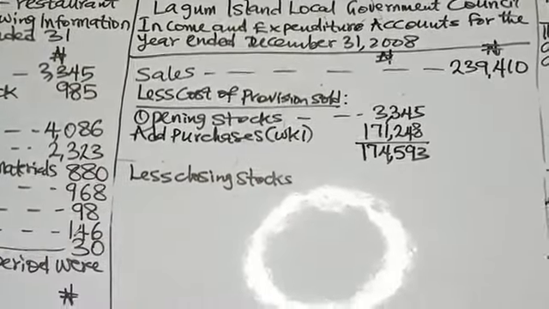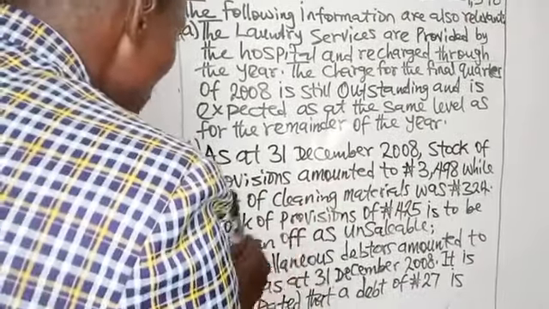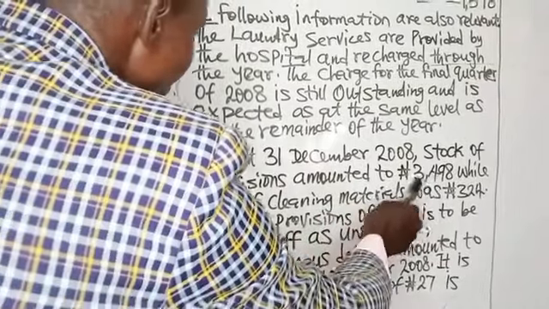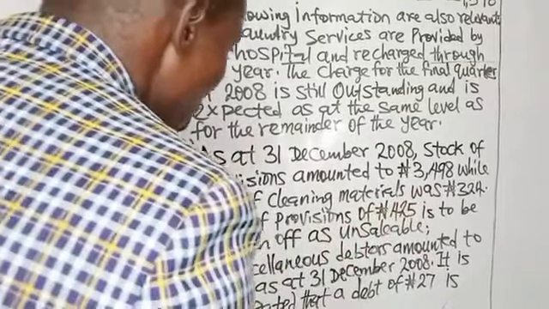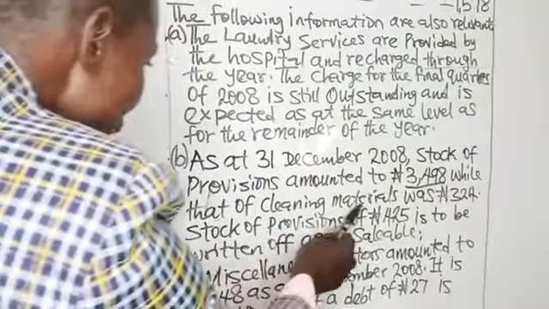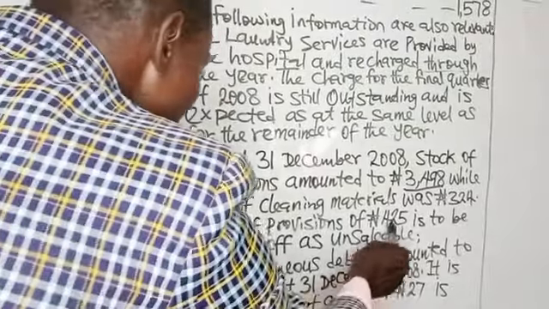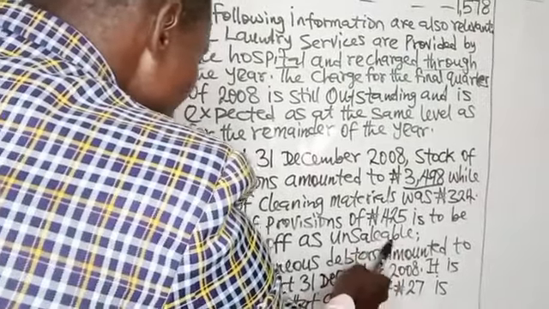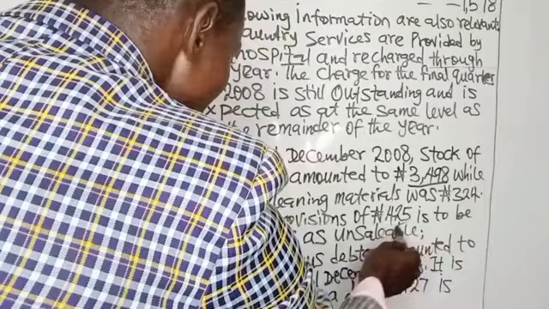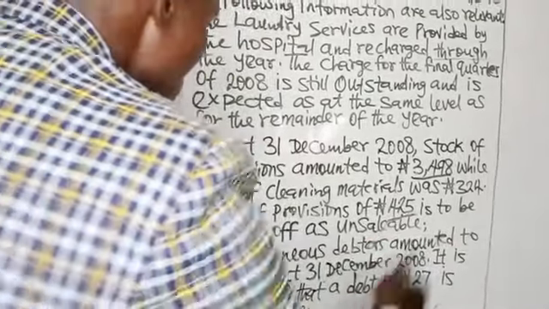Now, back to the note. Note B. As at 31st December 2008, stocks of provisions amounted to 3,498. This is the closing stock, while that of cleaning materials was 324. Stocks of provision of 425 is to be written off as unsaleable. We have to subtract it from the closing stocks.